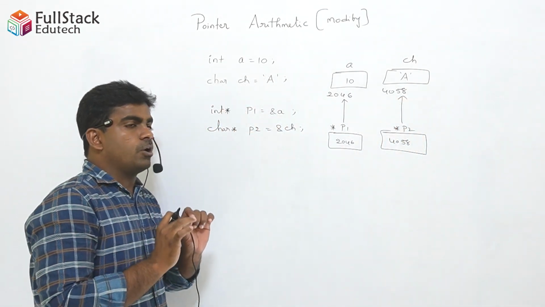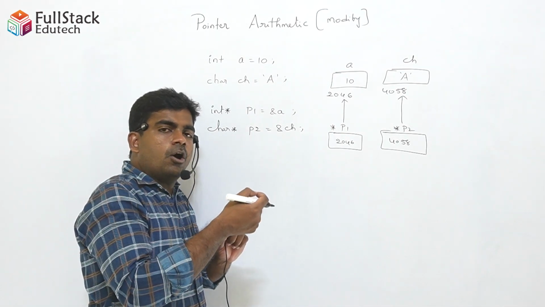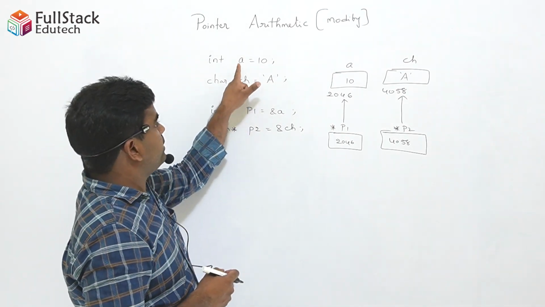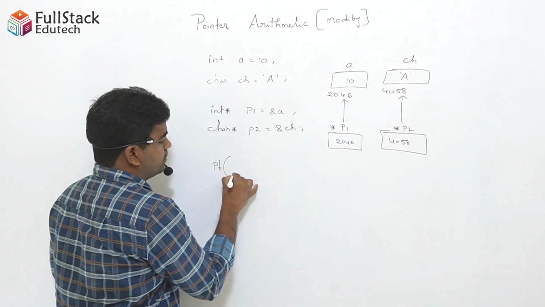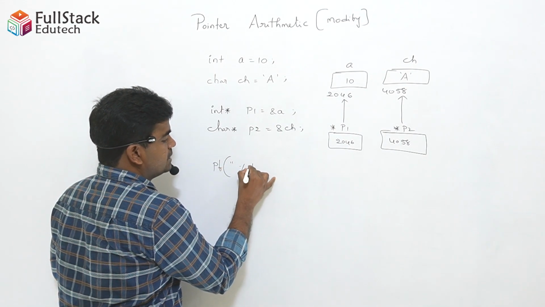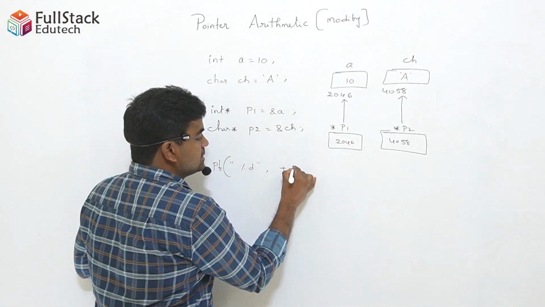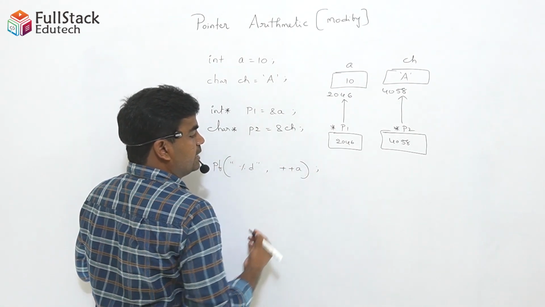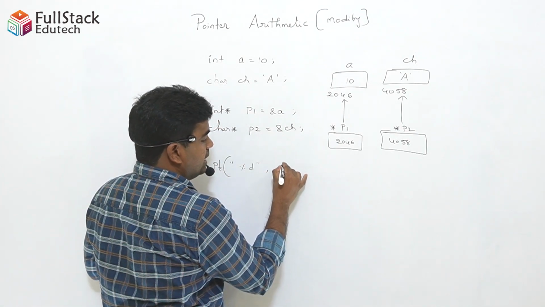But sir, what is the concept here? If you are increasing or decreasing the value of an integer, suppose printf percentage d, I'm just writing plus plus a. Increase the a value. First we are printing a.